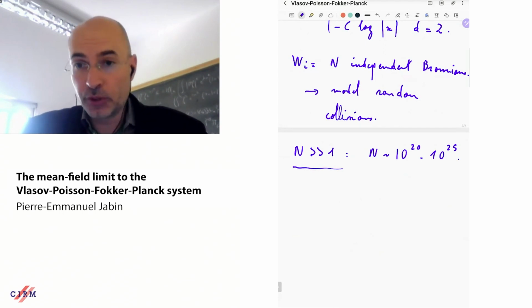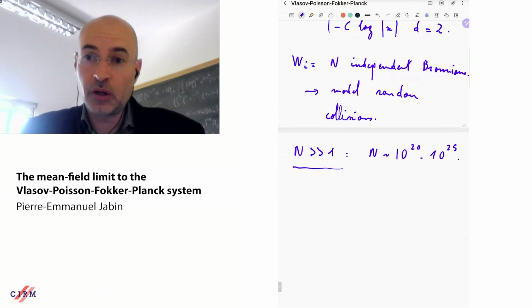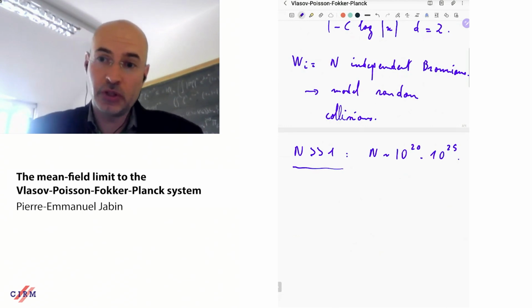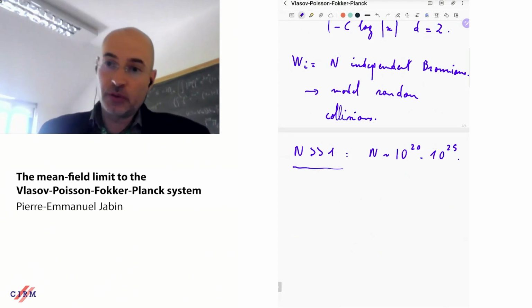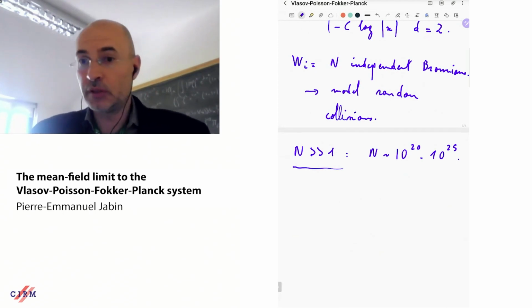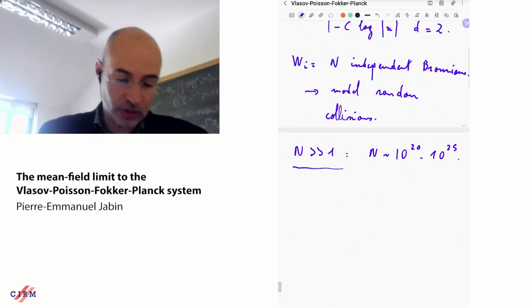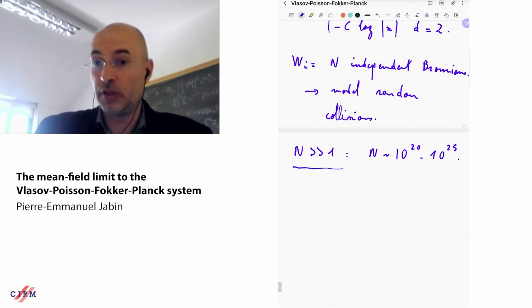And the notion of continuum limit that we know here has been introduced by Vlasov in the 1930s. And it's the mean field, what we call now the mean field limit, and it gives the famous Vlasov-Poisson-Fokker-Planck because of diffusion.